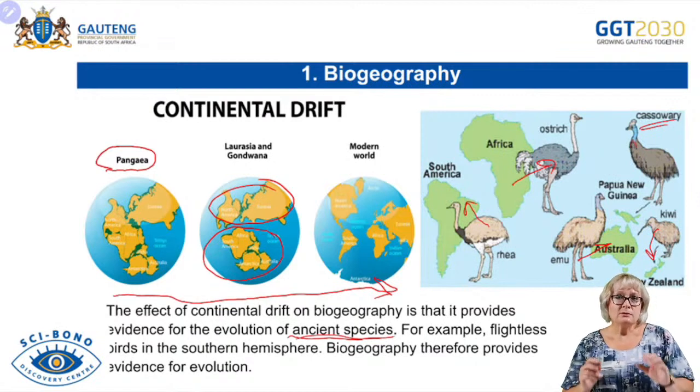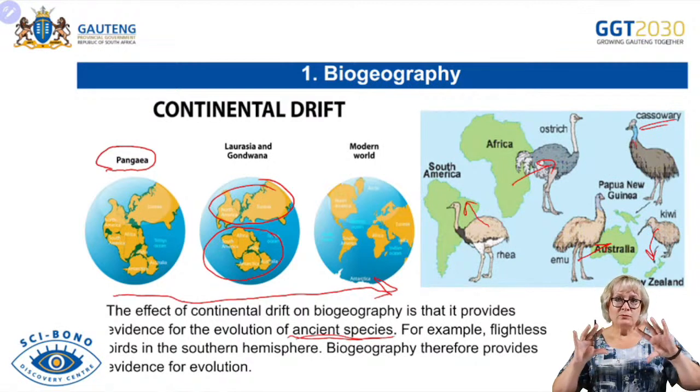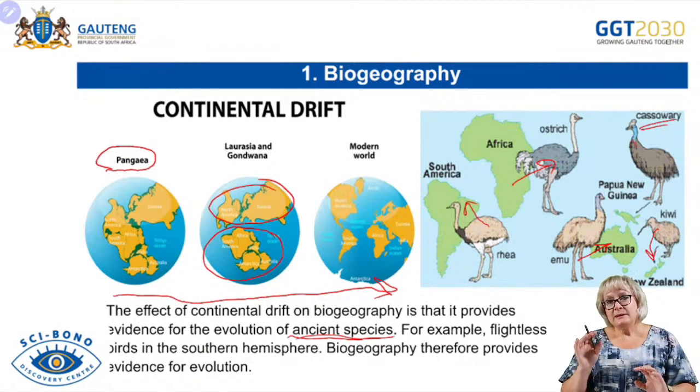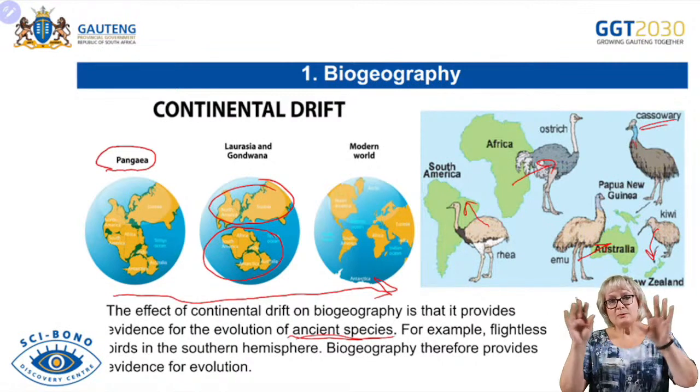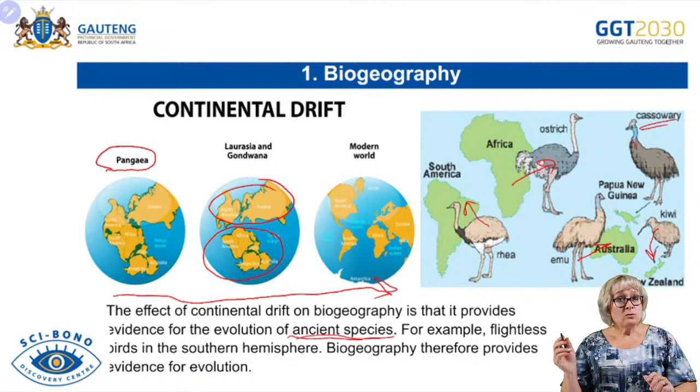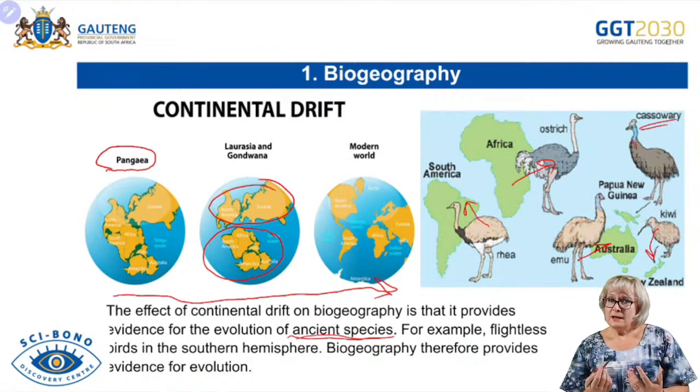And because the continents split and moved away from one another, these animals got separated from one another. And because the environments were so different, they adapted to the environment and they changed. And therefore today, if we look at them, we can see, you know what, they look like family, but there are changes in them. And this is how we can explain the fact that there was actually evolution happening in this family of birds.